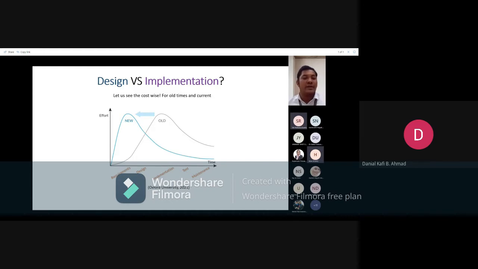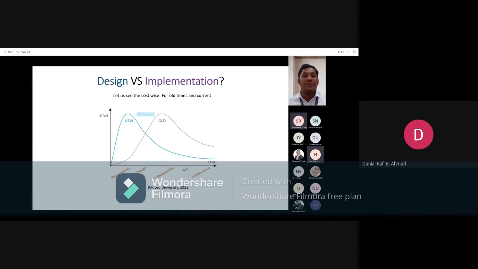The thing that people need to try to understand is that we used to have a very design-oriented model starting from 1970 for the software development process, but the focus was on the implementation, which is the coding.